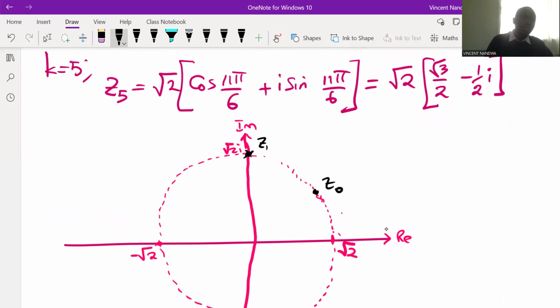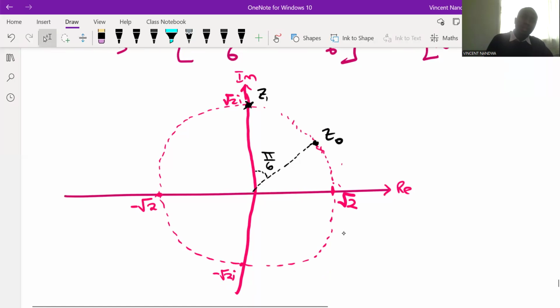So this is z0, and I remember this angle here is pi over 6. And then you also measure pi over 6 and find that this way will have another point here. This way we had z5.